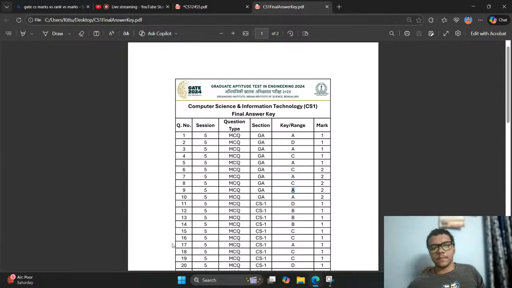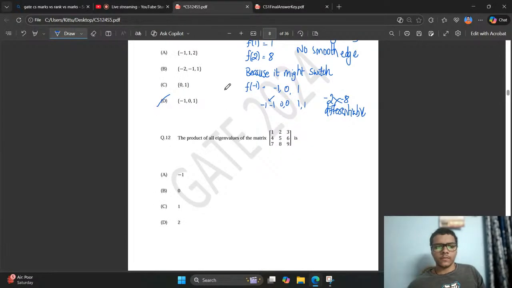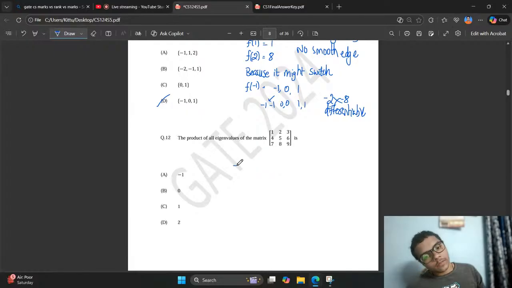D. Yep, 11 is D. The product of all eigenvalues. So there is no other way. Minus lambda cube plus lambda square into trace is a 6. 9 plus 6, 15.